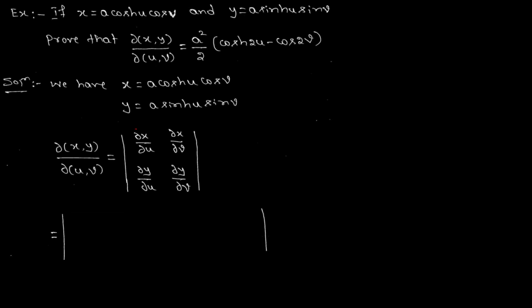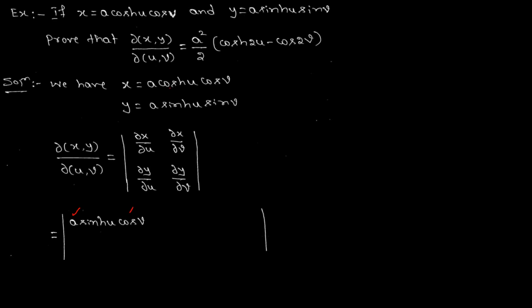When we differentiate x with respect to u, a and cos v will be taken as constant, and we differentiate cosh u. Yes, we have taken a and cos v as it is.